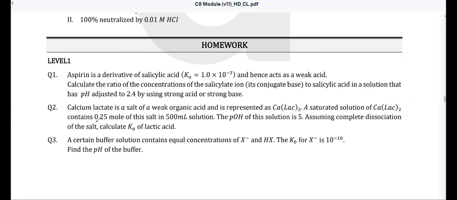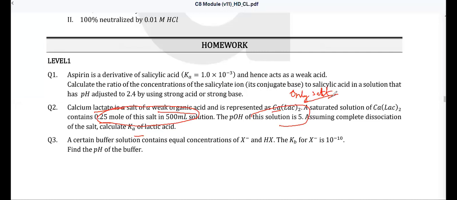Question number 2, calcium lactate, again salt of weak acid. Concentration of salt is given. pOH is given, calculate Ka. Now let us think what we have to do. Only salt is given, so what is the process?